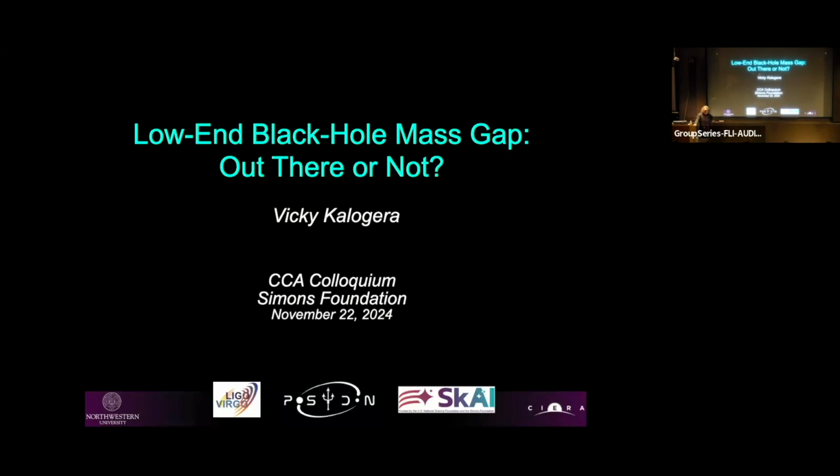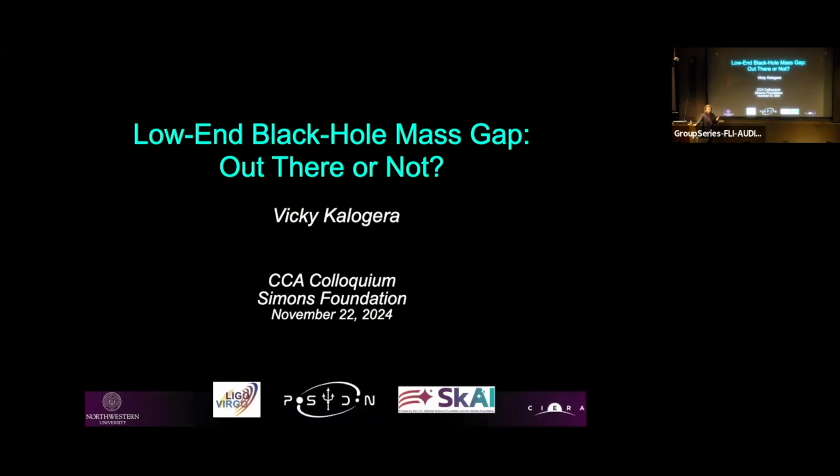So you may have heard, if you're in the compact object community, that there is a gap potentially in the black hole mass distribution, especially between 3 and 5 solar masses, between basically missing black holes on the low end of what nominally in astrophysics we label as black holes safely.